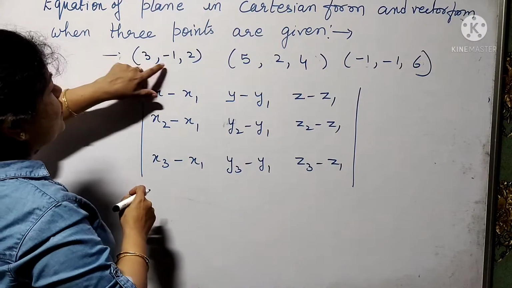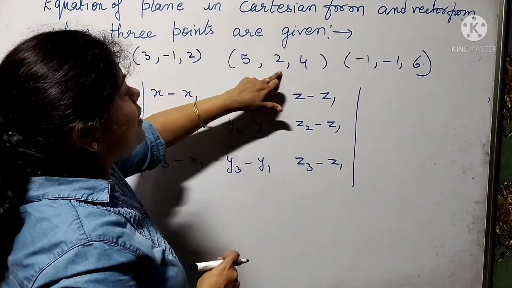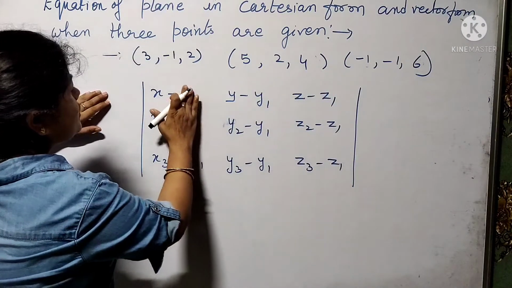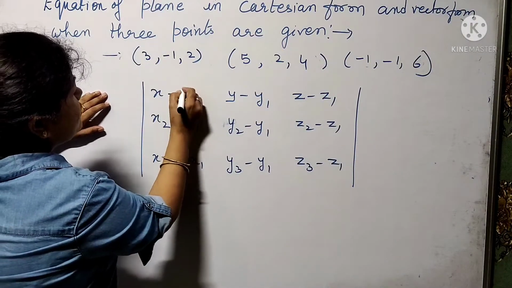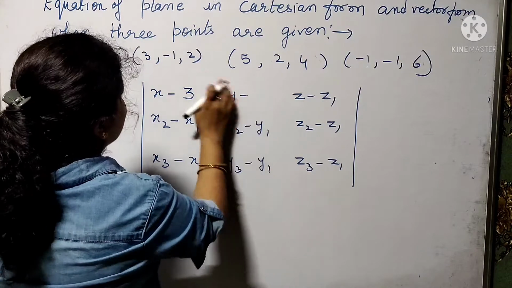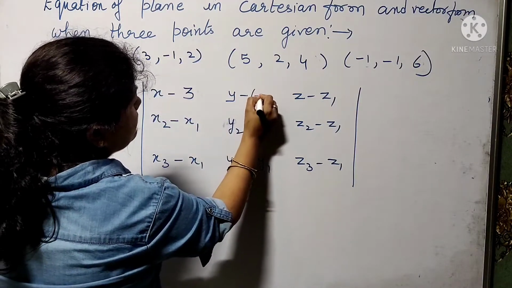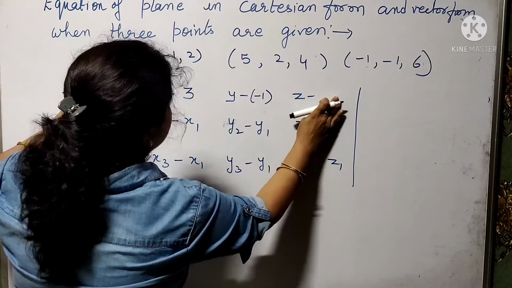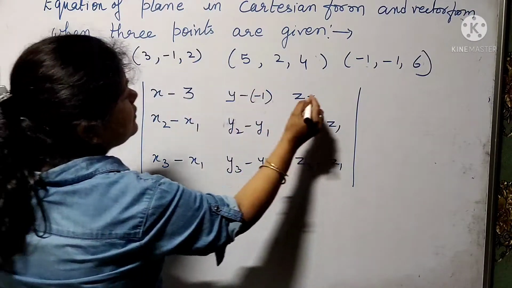Now this is x1, y1, z1, this is x2, y2, z2 and similarly. So in place of x1 what do we write? 3. In place of y1 we write minus 1. Then in place of z1 we write 2.